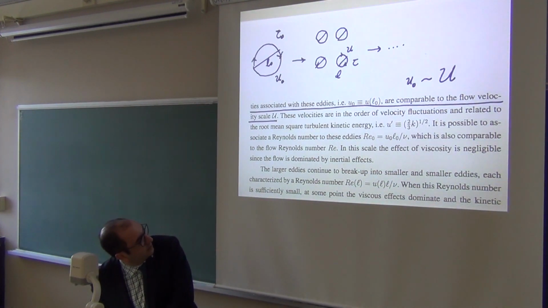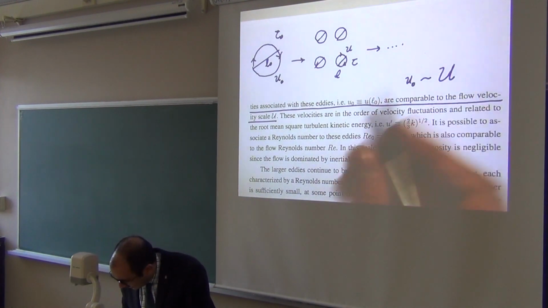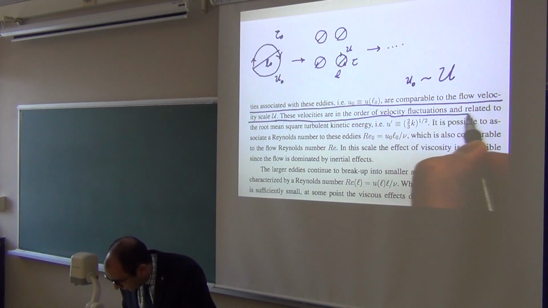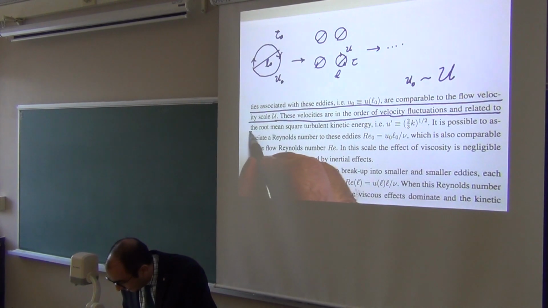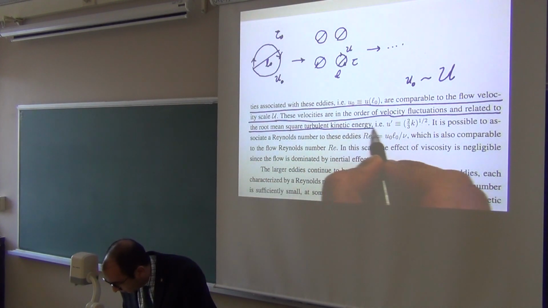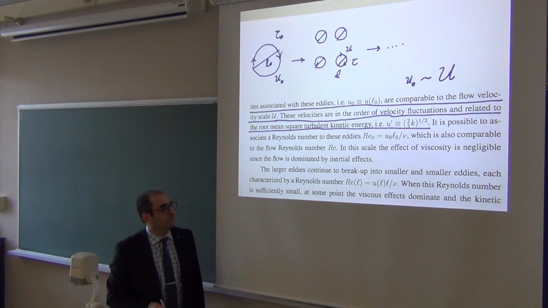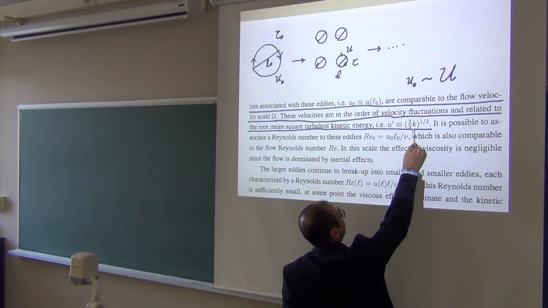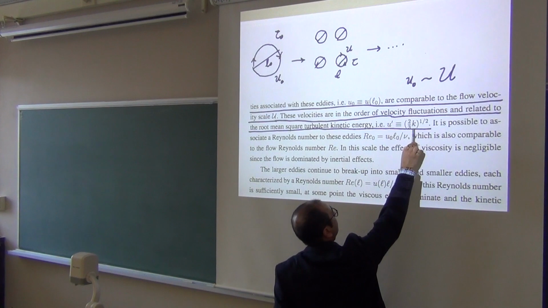These velocities of the largest eddies are in the order of the velocity fluctuations and related to the root mean square of the turbulence kinetic energy. Remember K, I just told you a couple of minutes ago, at the beginning of the lecture, K is the turbulence kinetic energy.